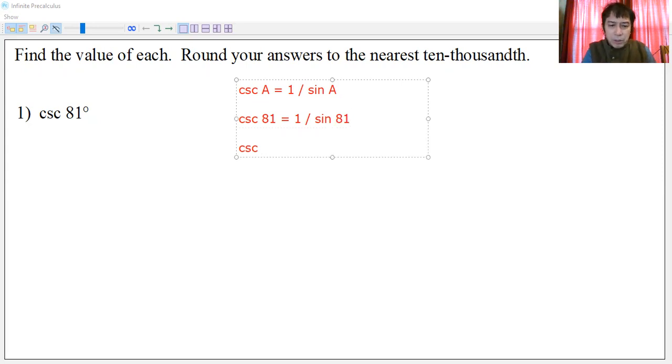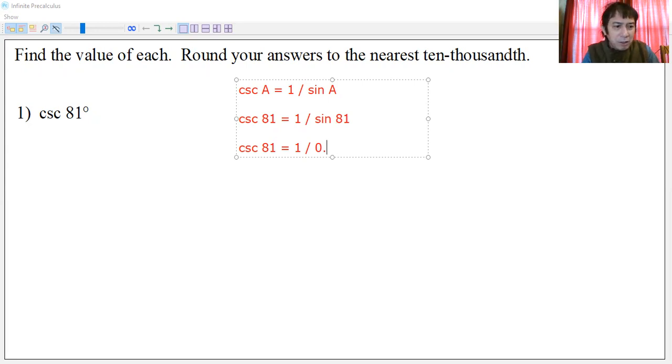Now you will be using your calculator. So you only need to determine the sine function of 81 degrees, which is always less than 1. It cannot go over 1, okay? So for sine and cosine.